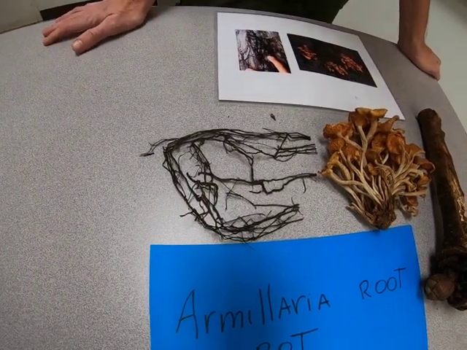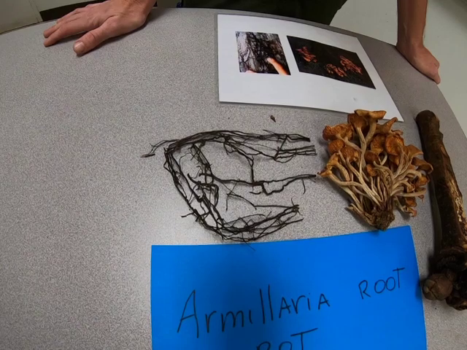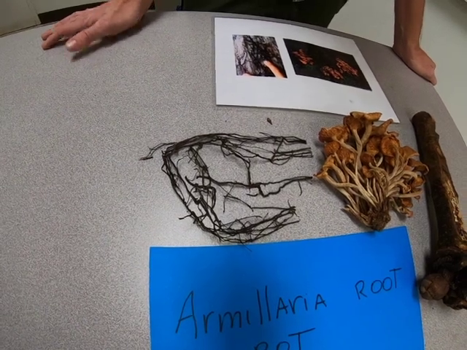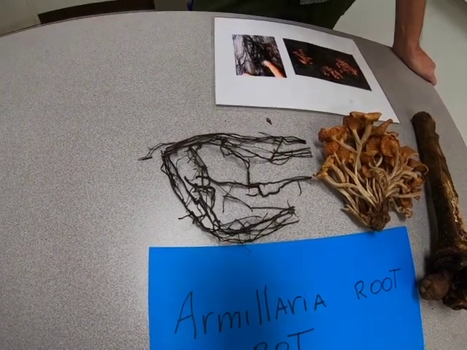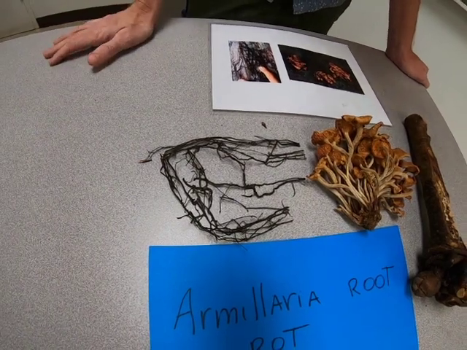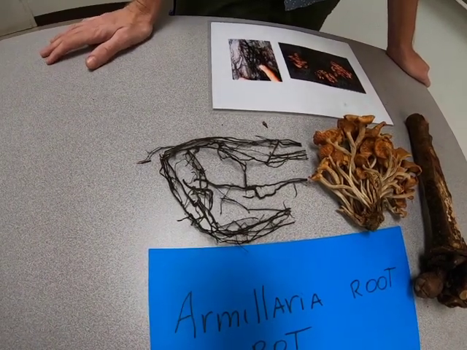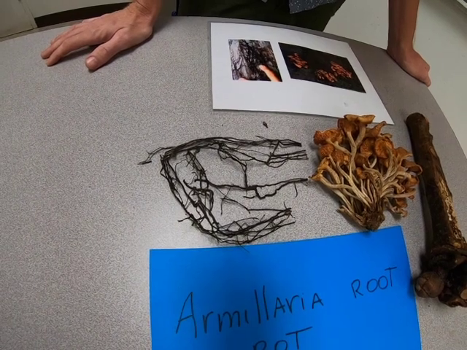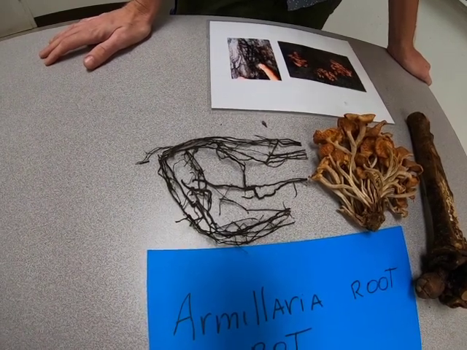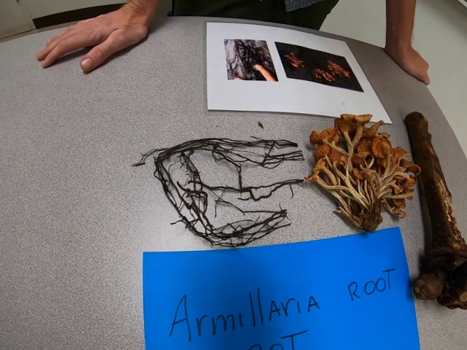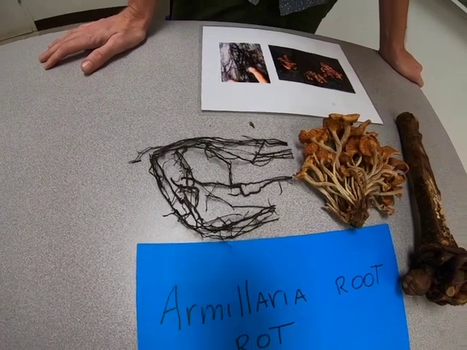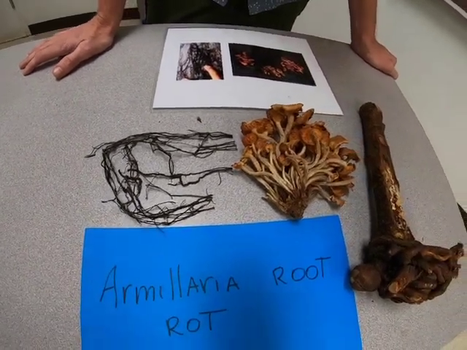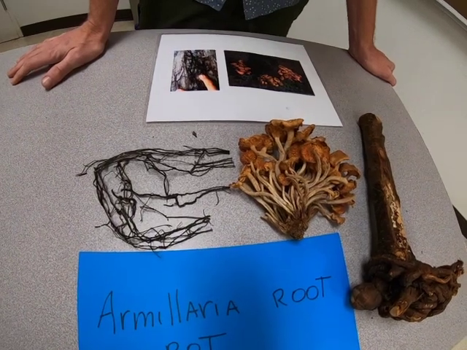That's mostly microscopic. You don't see that unless there's a lot of it together. But the rhizomorph allows it to move through the soil, and basically utilize what we call chemotaxis, or allows it to interact with the soil chemistry and enable it to identify where there's a susceptible tree.